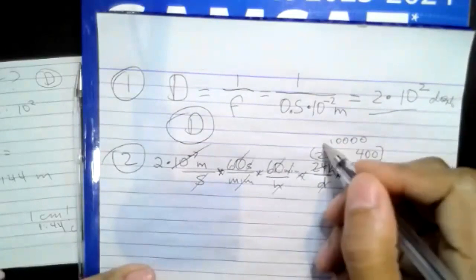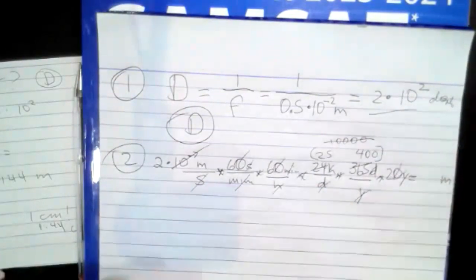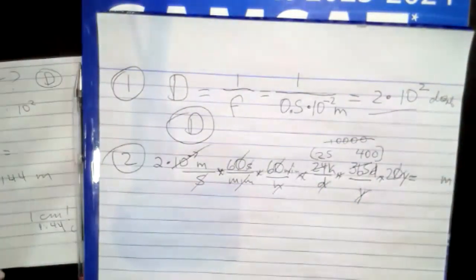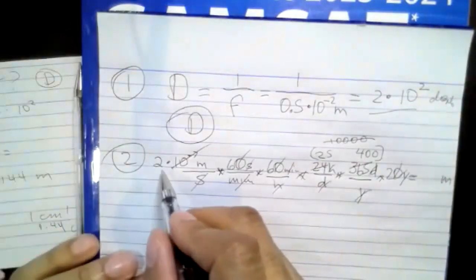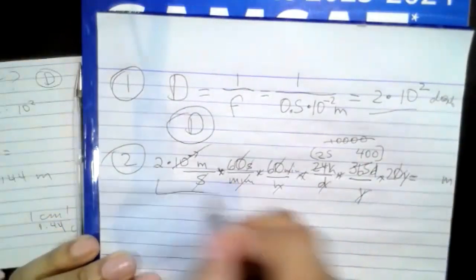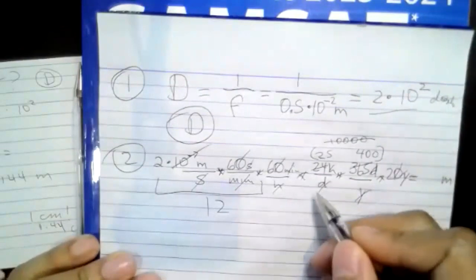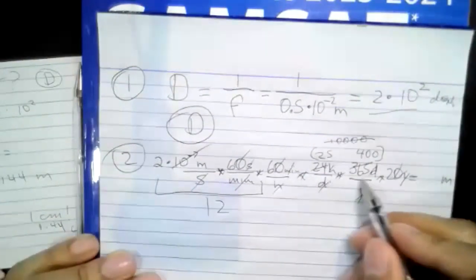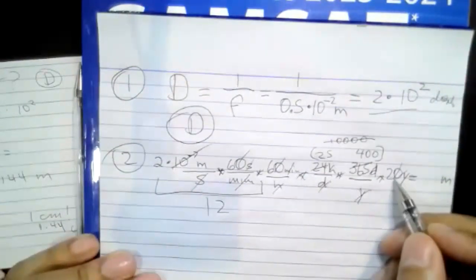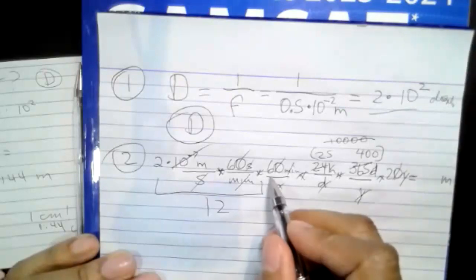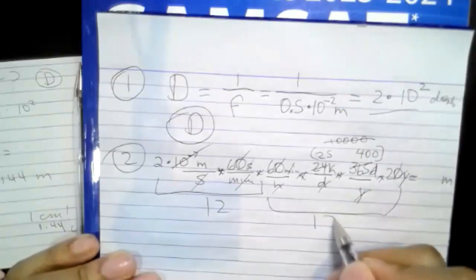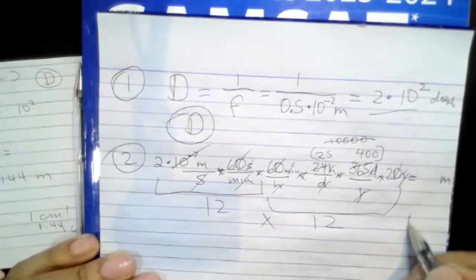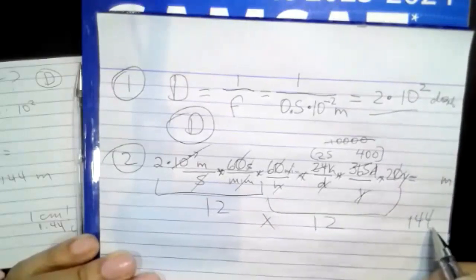Gone, gone, all gone, and gone. Magic. So what are we left with? We're left with 2 times 6, that's 12. And then that's gone, that's gone, that's gone. We've got 2 times 6. So that's 12. We have 12 times 12, 144 meters.